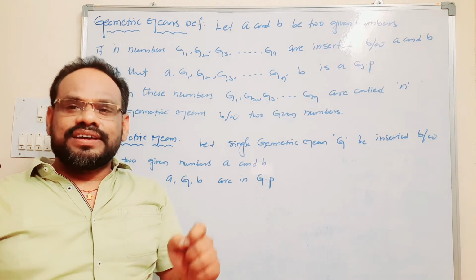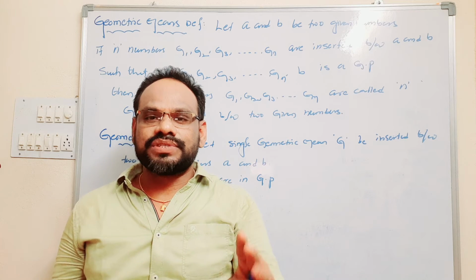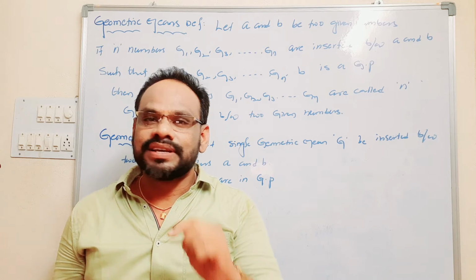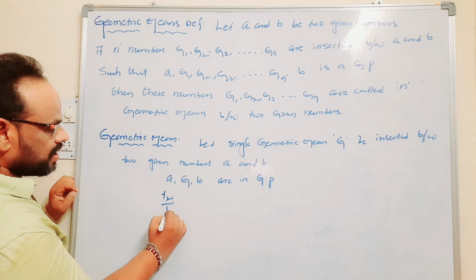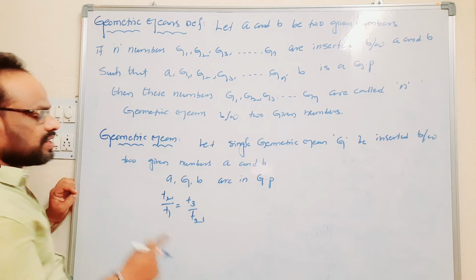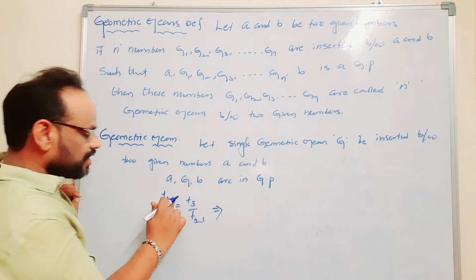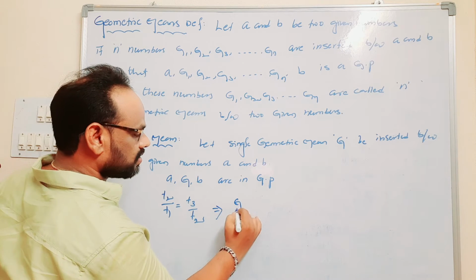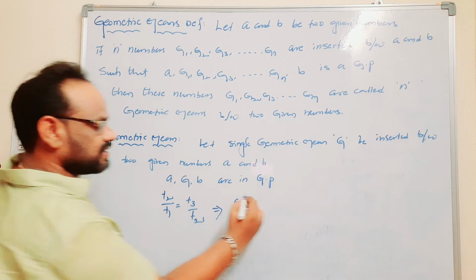We know that in a geometric progression, the ratio of any two consecutive terms is the same. That means T2 by T1 is equal to T3 by T2. This is T1, this is T2, this is T3. That means g by a is equal to b by g.